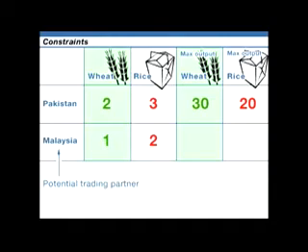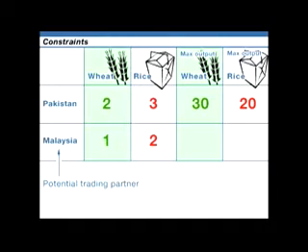But before I do that, let me introduce a potential trading partner for Pakistan, and that is Malaysia. Malaysia is going to have a different technology, and this will become the basis for trade between Pakistan and Malaysia. Let's suppose that in Malaysia, it takes only 1 worker to produce a bushel of wheat.